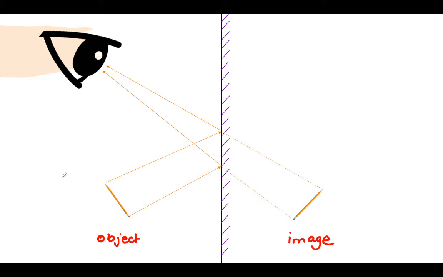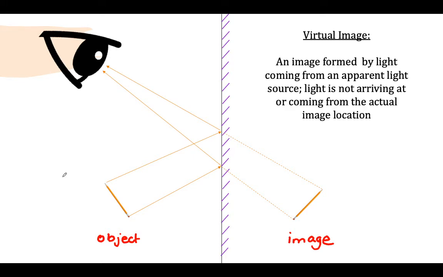Your brain is extending that ray of reflected light beyond the mirror to create an image behind that mirror. And in a scenario like this, which happens quite often, this is what we call a virtual image.